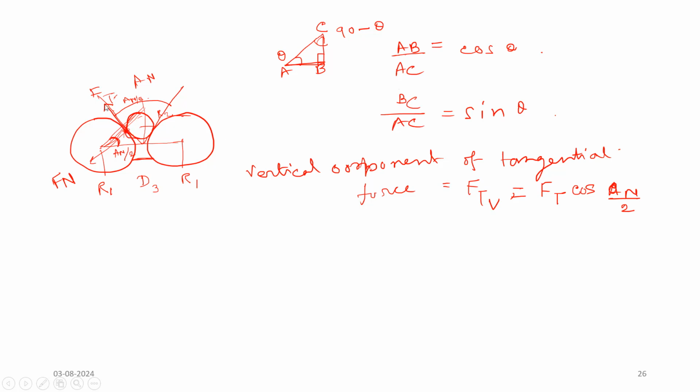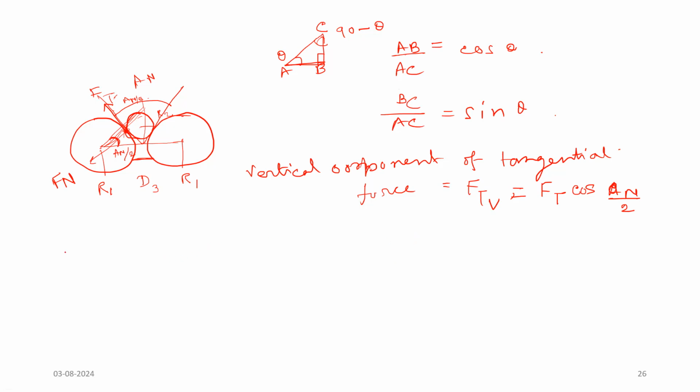It is the tangential force and its vertical component will act in this direction, and this is nothing but the base of this angle, and this angle is n by 2. That is why it is cos n by 2, right?